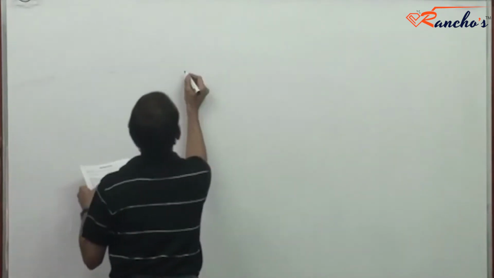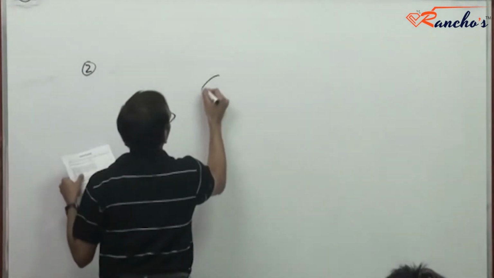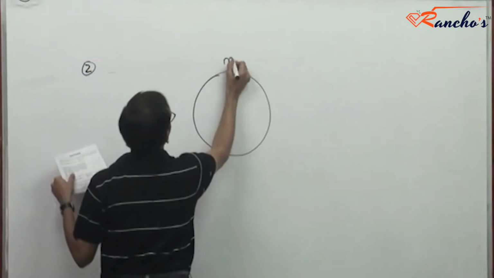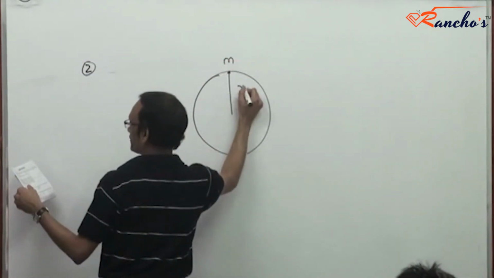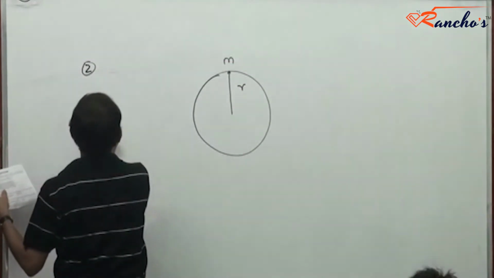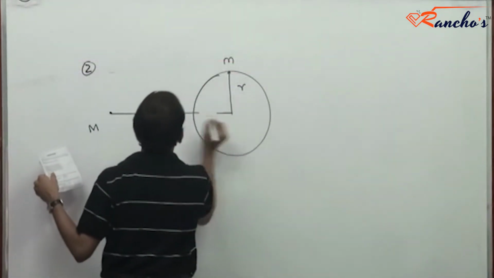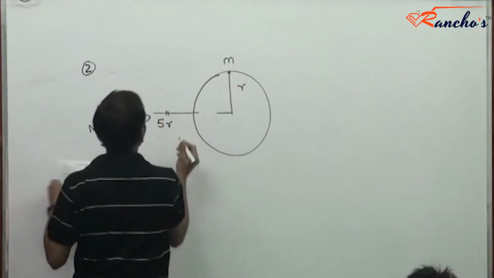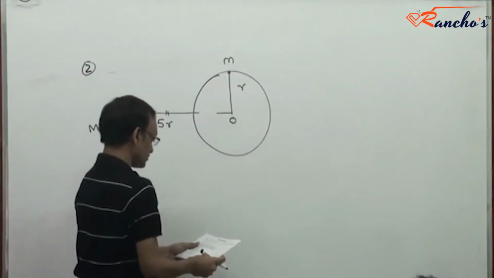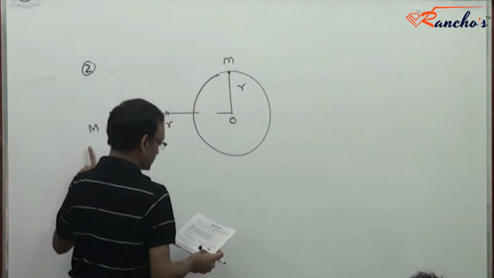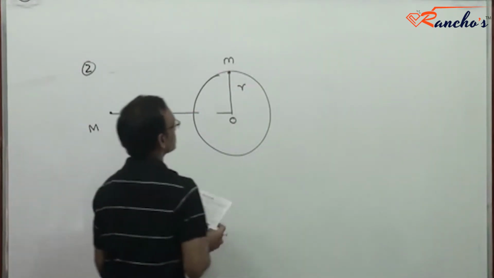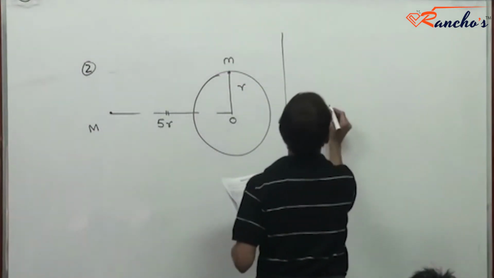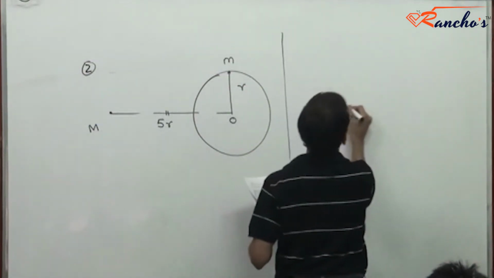Problem 2. A solid sphere of mass m and radius r is placed at a distance of 5r from the center, from a point mass m as shown. Due to a shift in position, it is now at a distance 3r from the point mass.